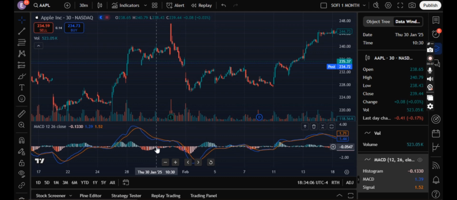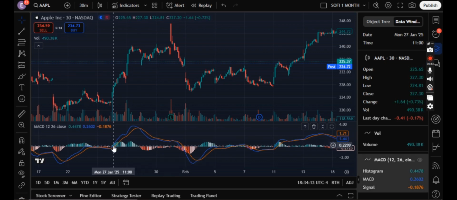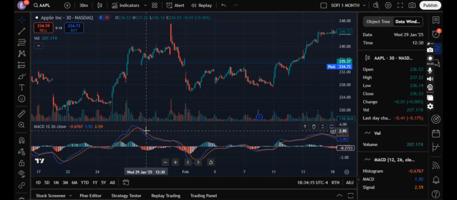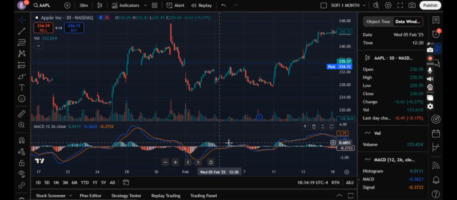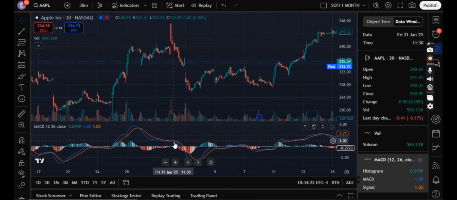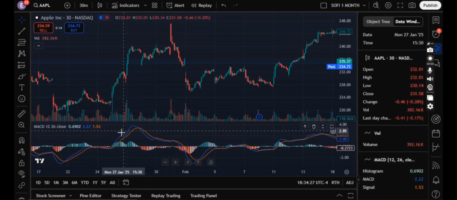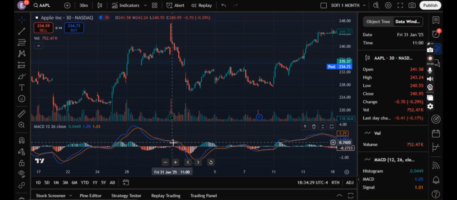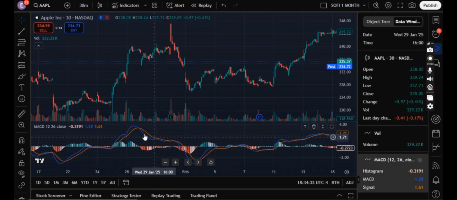Alright, now another thing to pay attention to, so you see the blue and orange line above the middle line. The middle line is right here. So in this period here, it's above the middle line, which indicates that the market is a bit bullish.